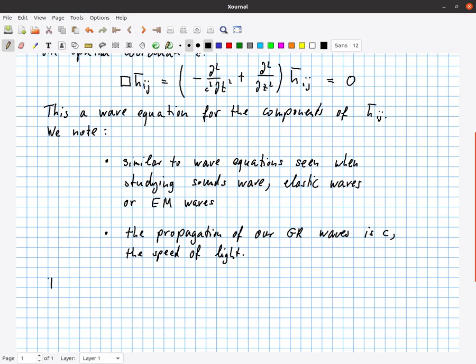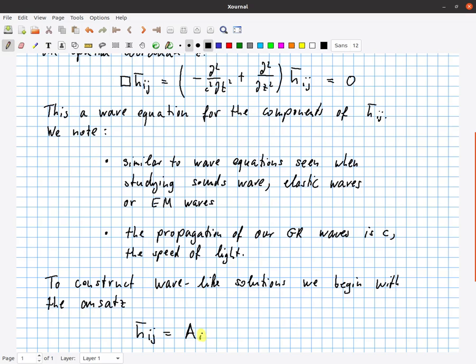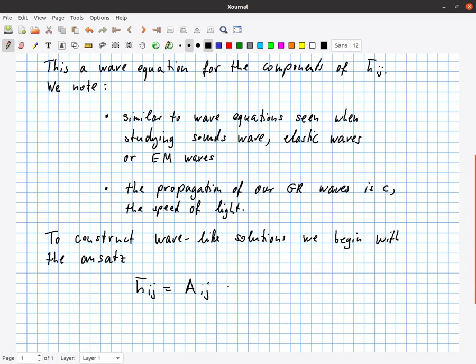So to construct wave-like solutions, we begin with the ansatz h bar ij equals A_ij times cosine of omega (z minus t).